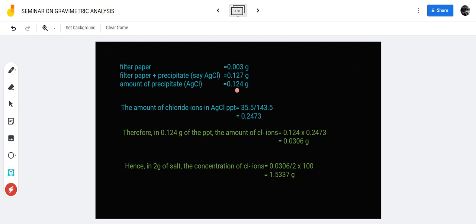Then 0.124 grams contains, just multiply these two values and you will get this. Finally, by the percentage by mass method, it is a stoichiometric method. By using that method, it is easy to calculate the mass percentage of chloride ion present in the given sample. This is what I have taken as an example.